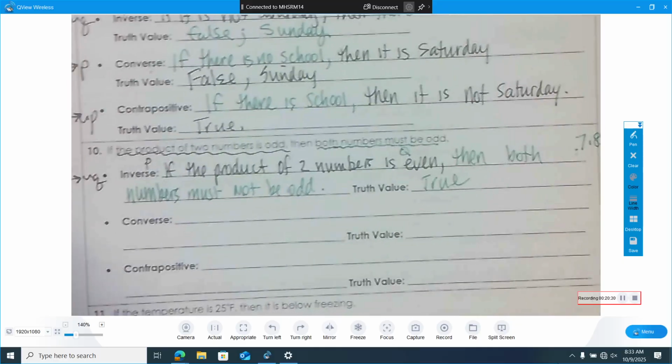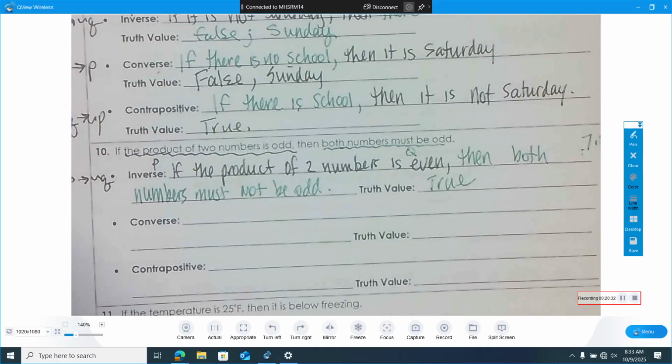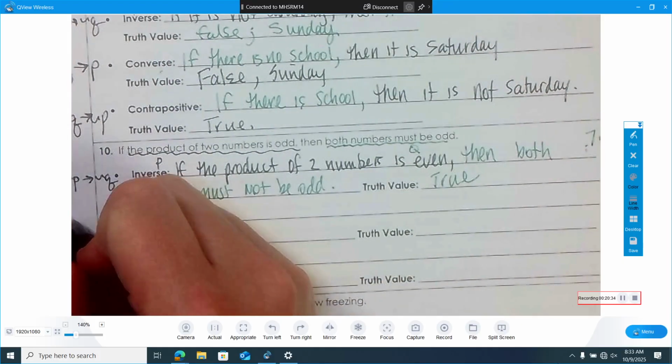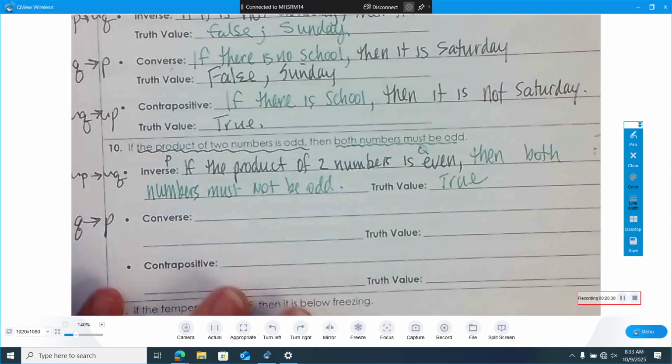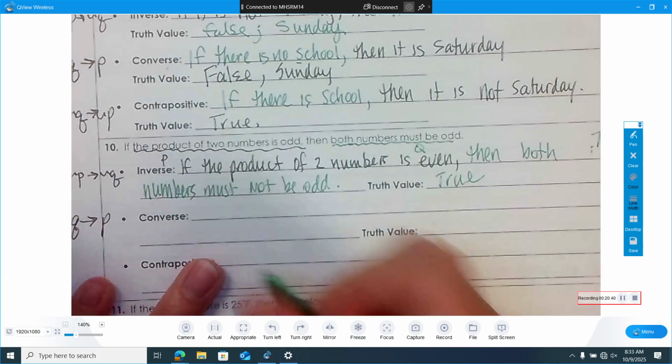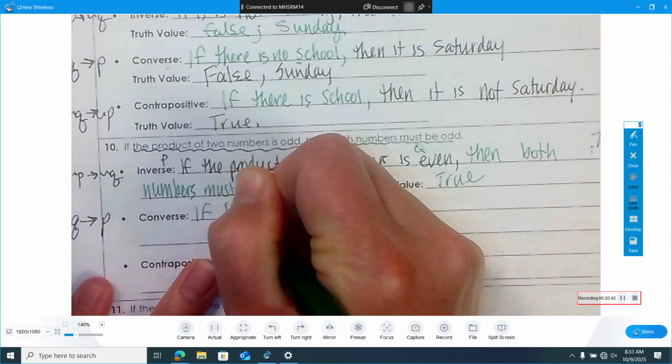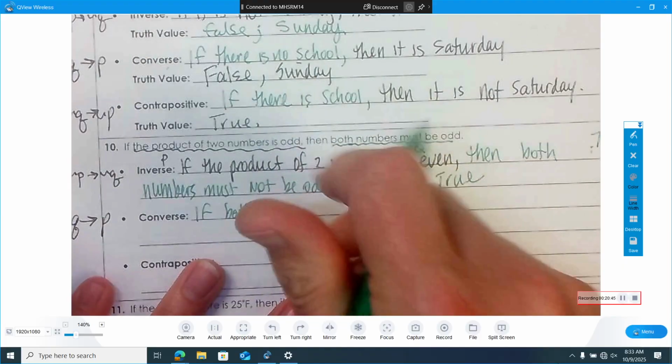All right, how do we do the converse? What do we do for converse? Switch. So Q implies P, so we're going to write what? If both numbers are odd. Oops, if both.